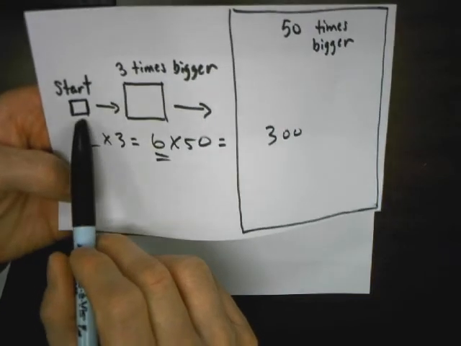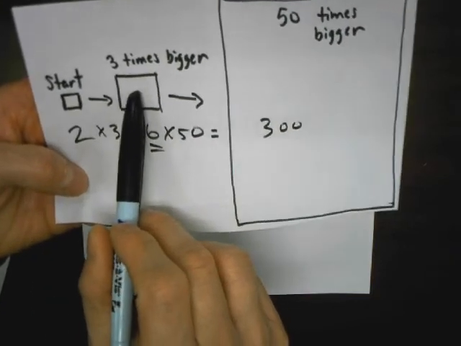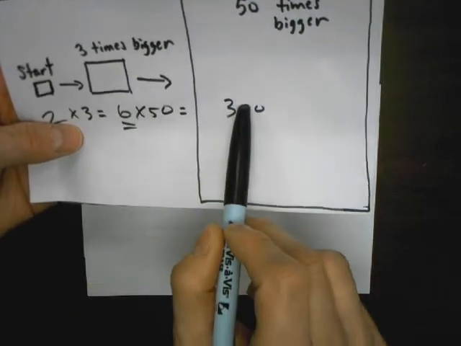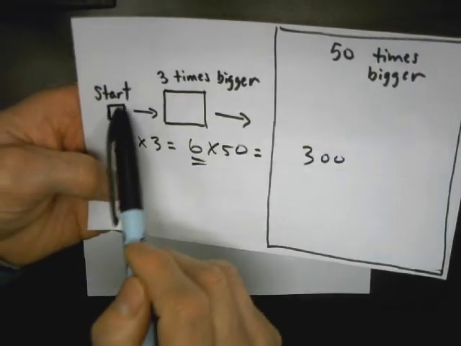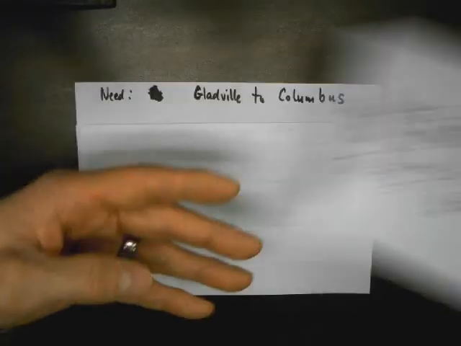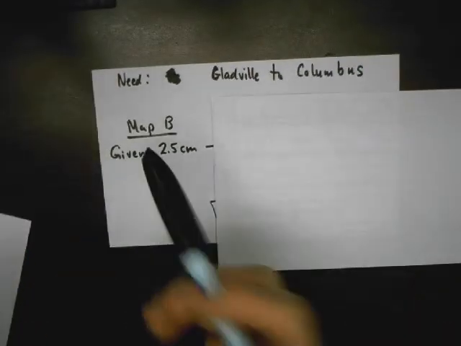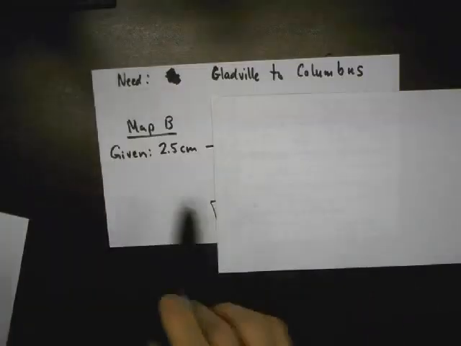We know that it's 3 times bigger, so we'll multiply it by 3. And then we'll use the ratio, which is 15 times bigger, to get the actual distance. So first things first, how far is it from Gladville to Columbus on the small map? They just flat out tell us. It's written down here. So we know it's 2.5.